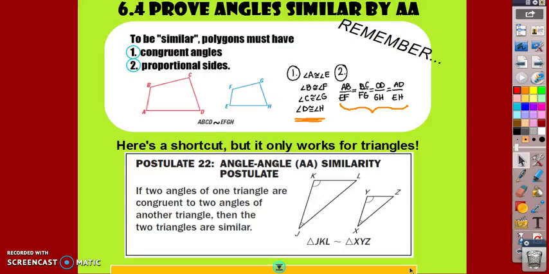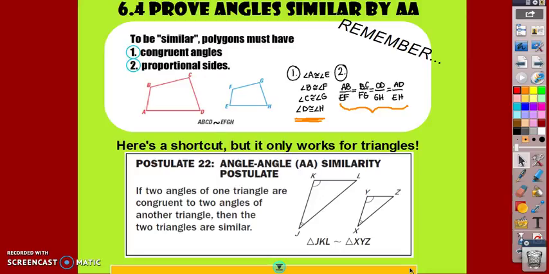If you have 2 triangles, it turns out that all you would need to check is the angles. And we can talk about why that works. But basically, if the angles are sized correctly, then the sides will be sized proportionally.